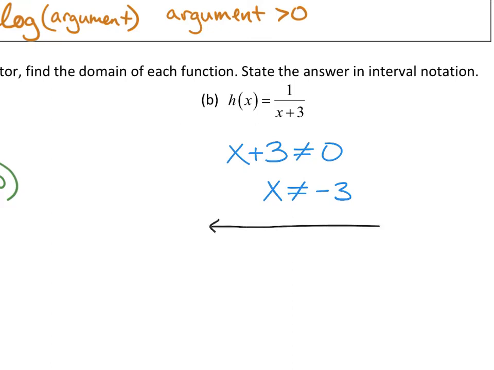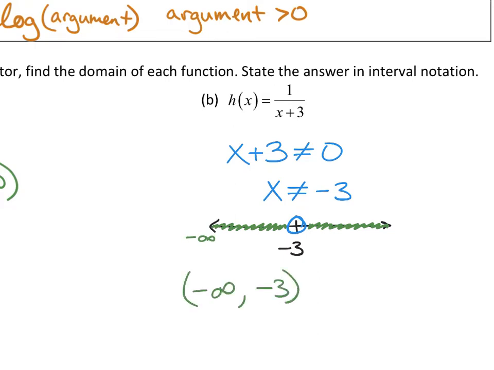Now if I were to draw my domain on this number line, here's negative 3, and I just can't include negative 3. It says nothing else about any other number, except that it just can't be negative 3, which means all of this is okay except for negative 3 in my domain. So to answer the question, the domain goes from negative infinity to negative 3.